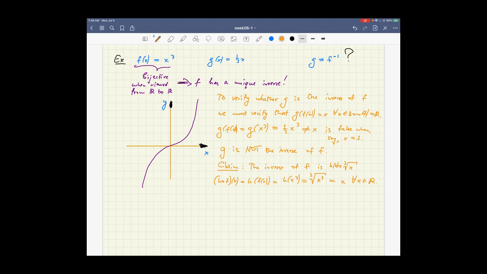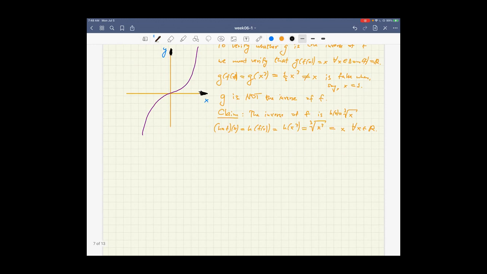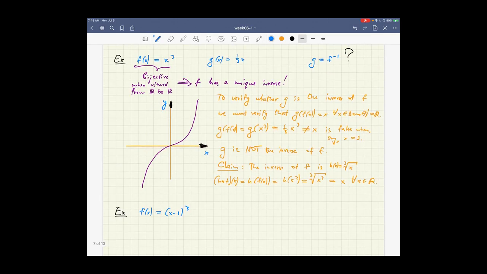And the last problem of this type was when f was (x minus 1) cubed. Note that f is defined on the entire real line, and the image is also the entire real line, just like in the previous problem. For x cubed, the domain and image are both the entire real line.